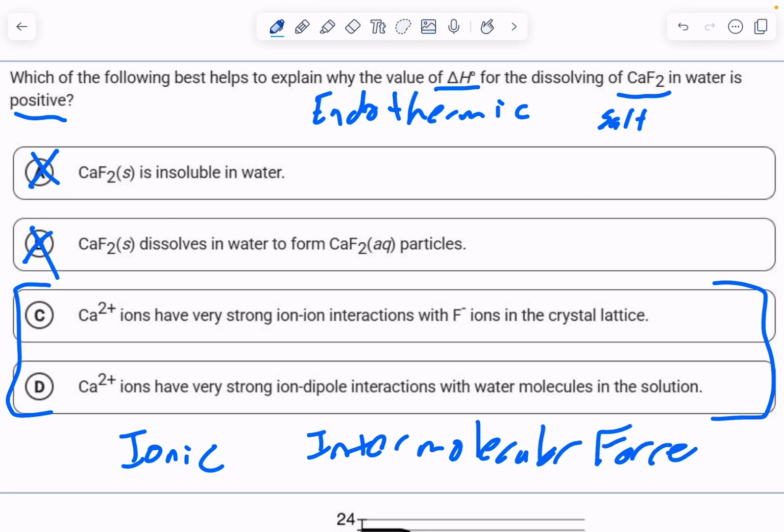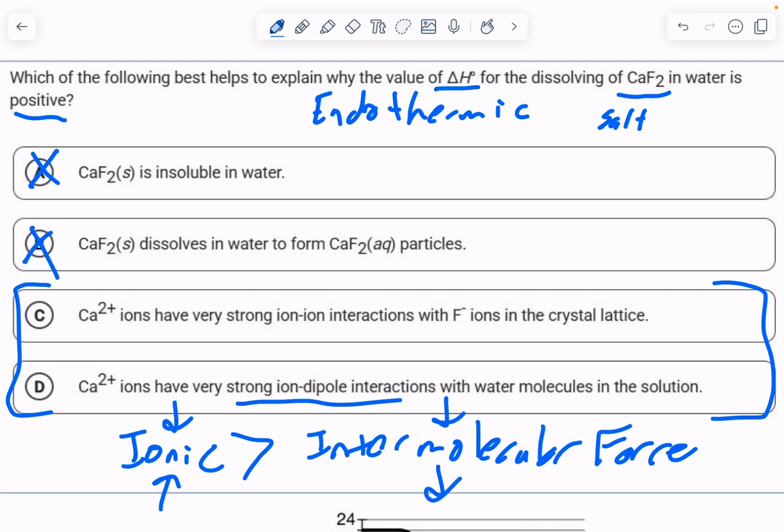Generally speaking, ionic bonds are always going to be stronger than intermolecular forces. So it is going to take more energy to break an ionic bond than it would take to break an intermolecular force. In this particular instance, energy goes into breaking the ionic bond, and when the ion-dipole interaction forms, it releases energy.